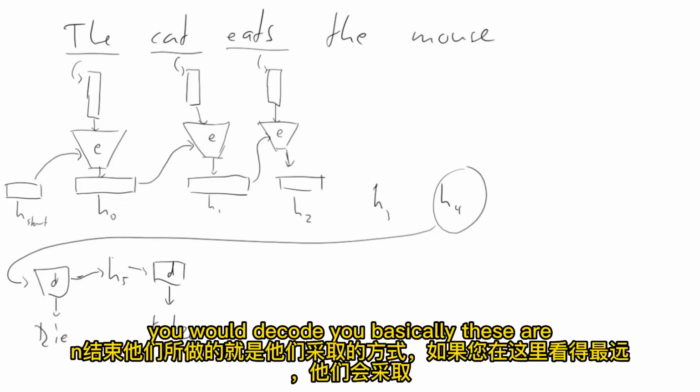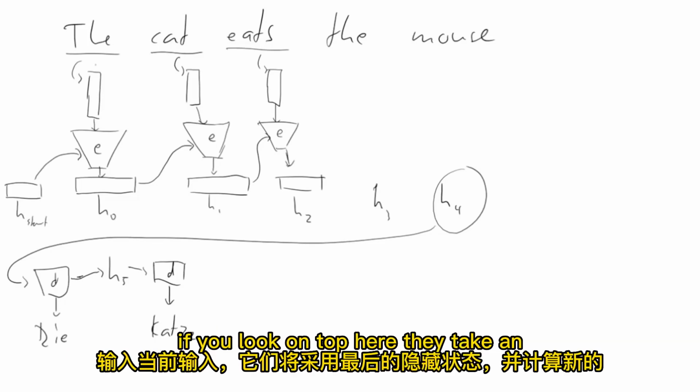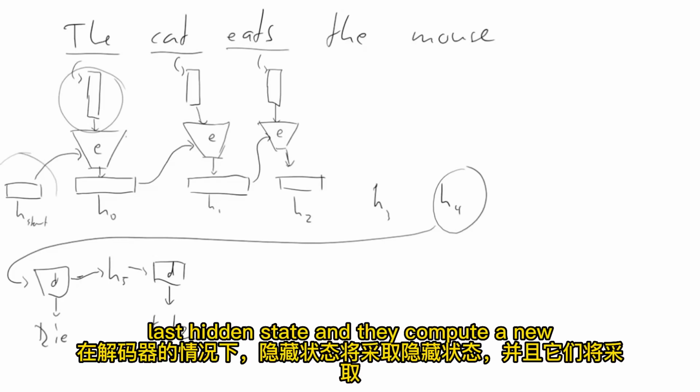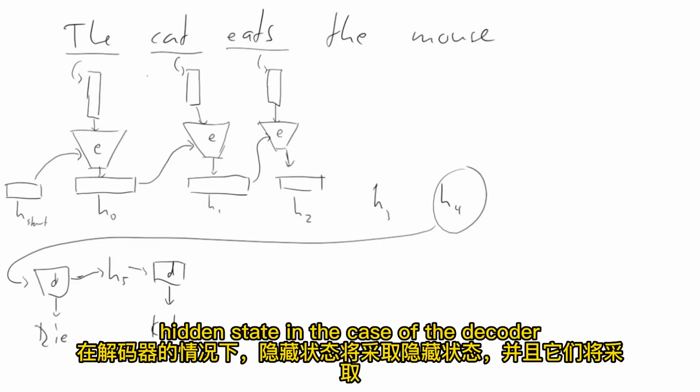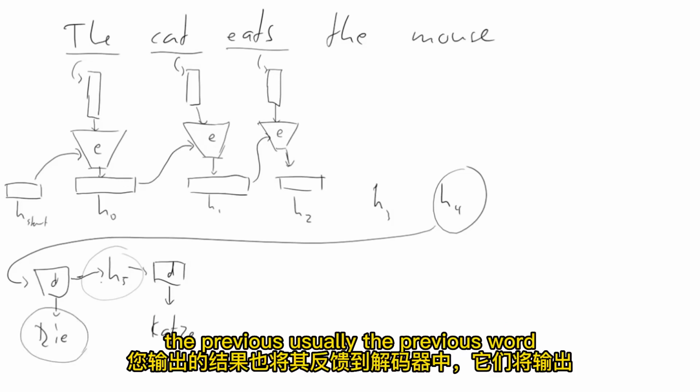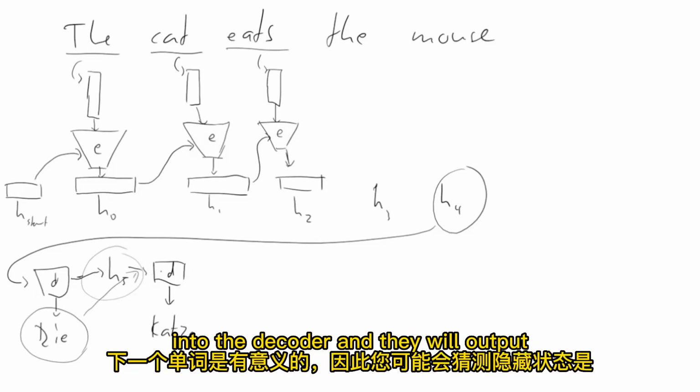These RNNs, if you look on top here, take a current input and the last hidden state, and they compute a new hidden state. In the case of the decoder, they take the hidden state and the previous word that you output, you also feed this back into the decoder, and they will output the next word.